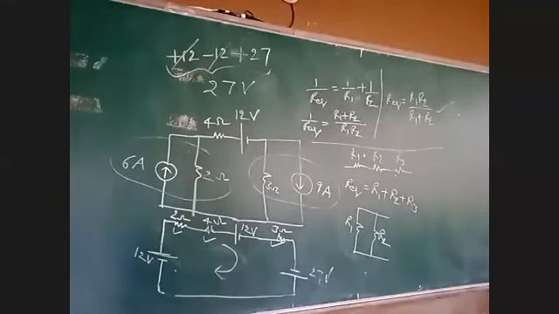So that is the reason why we convert all the resistances in series into a single equivalent resistance, and also the voltage sources. We are converting all the three voltage sources into a single equivalent voltage source. If they are in series, we add. If resistances are in parallel, we take R1 R2 by R1 plus R2.